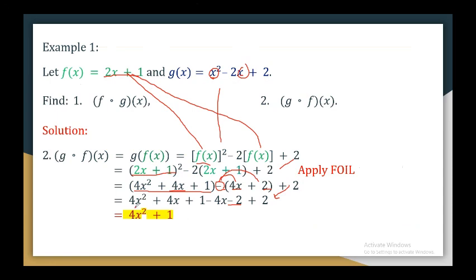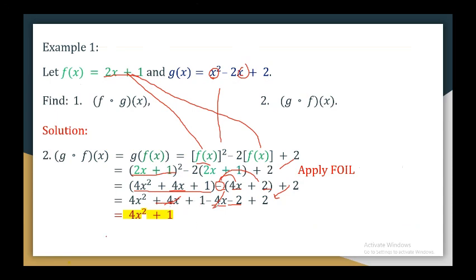Now let's simplify by combining like terms, the similar terms. We have 4x squared. There is no other 4x squared over here, so we will just copy the 4x squared. Plus we have positive 4x and negative 4x. If we add 4x and negative 4x, that is equivalent to 0.